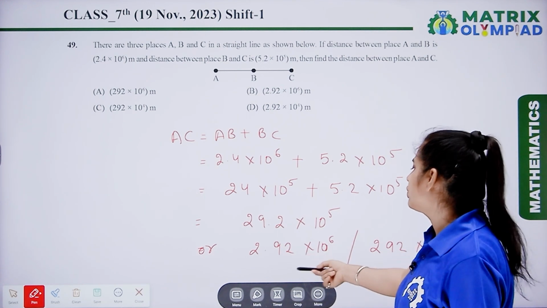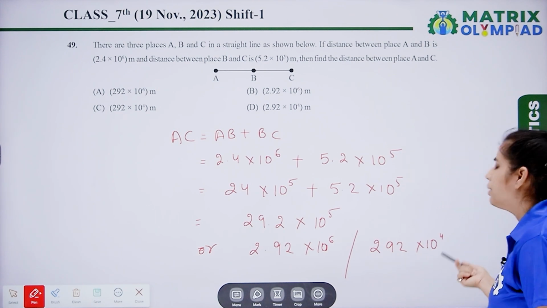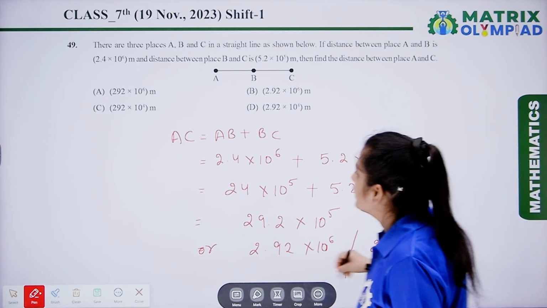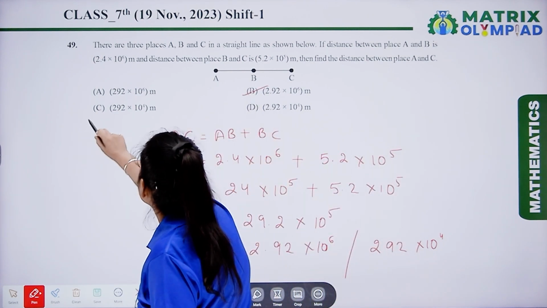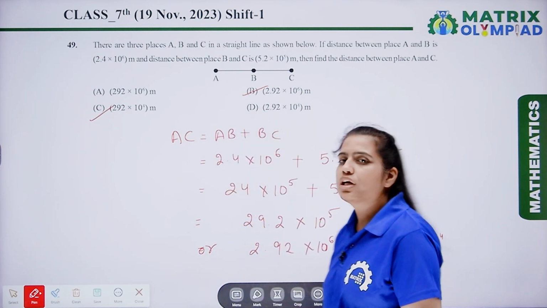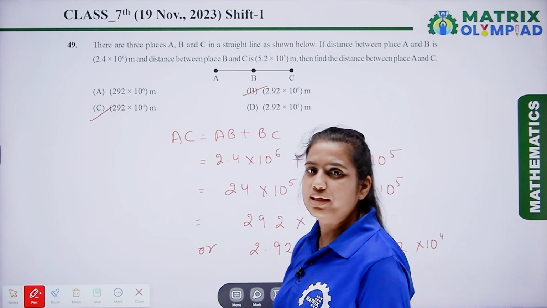Another way is 2.92 multiplied by 10 to the power 6. Next is 292 multiplied by 10 to the power 4. So here let's find out the answer. Here option B and option C. So here B and C are the correct answers for question 49.